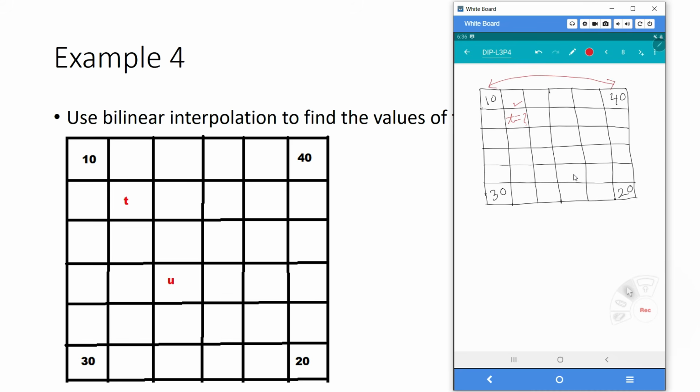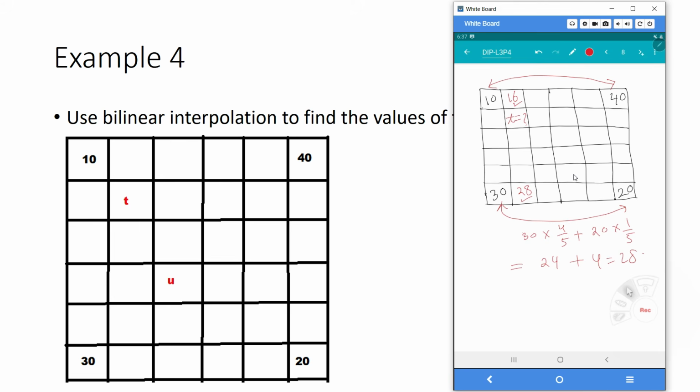We already calculated it, and that value is 16. And now how about this value? With 30 and 20, we can calculate in the same way. That is 30 multiplied by 4 over 5 plus 20 multiplied by 1 over 5. So then we have 24 plus 4, that is 28. So this value is 28.